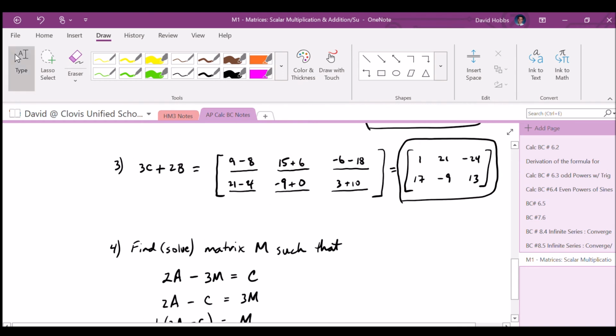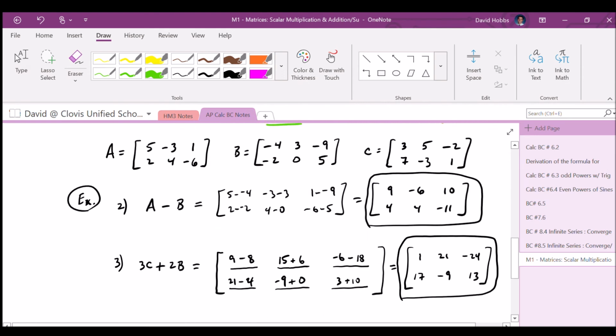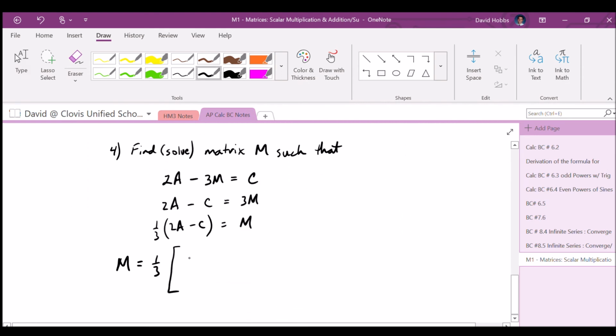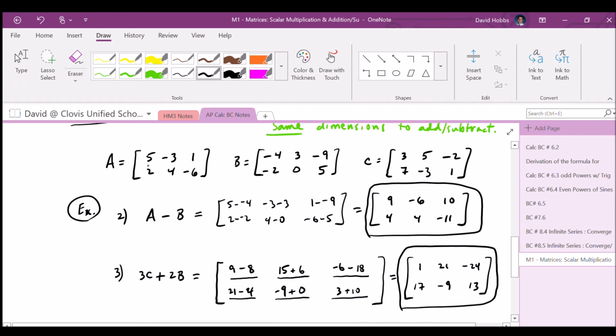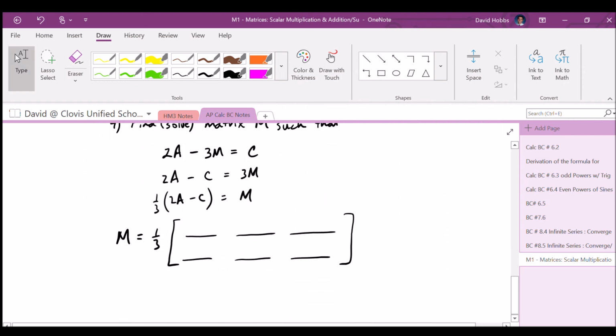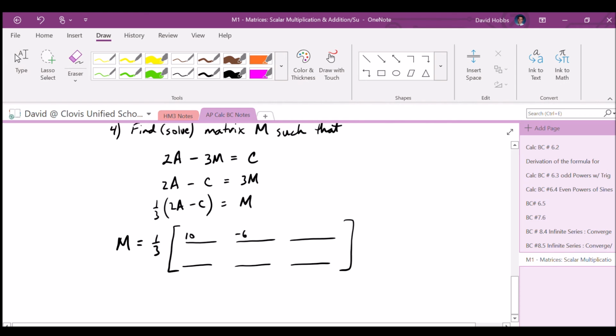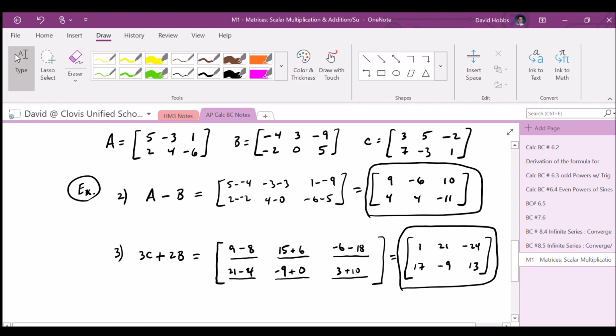We know A and C are both 2 by 3 matrices. Just getting it set up here. So 2A: I've got 2 times 5 and 2 times negative 3. And I've got 2 times 1 and 2 times 2.